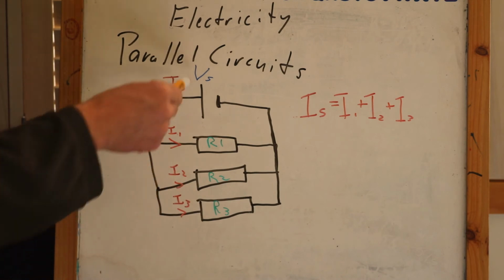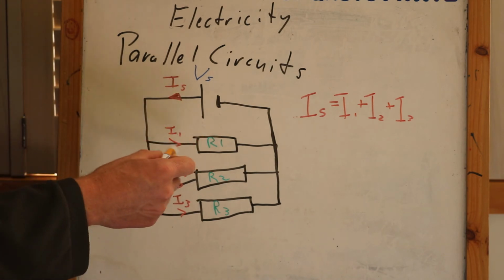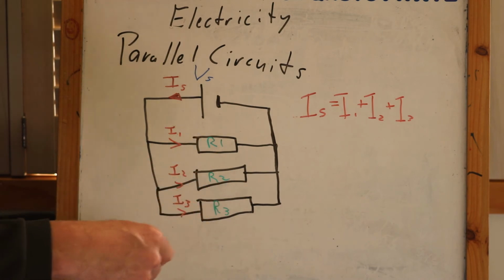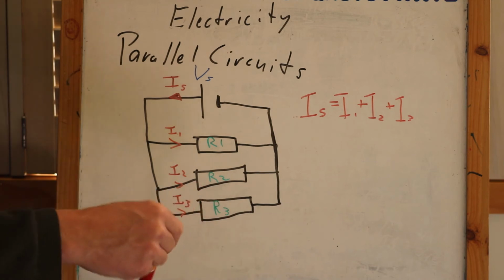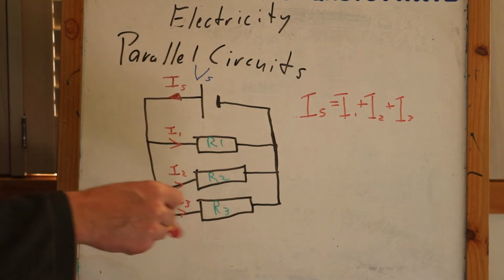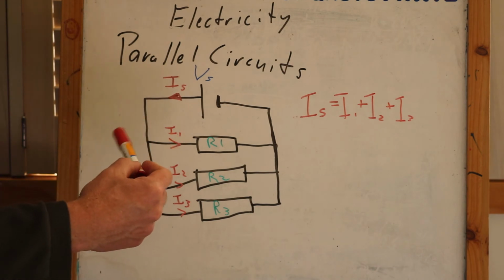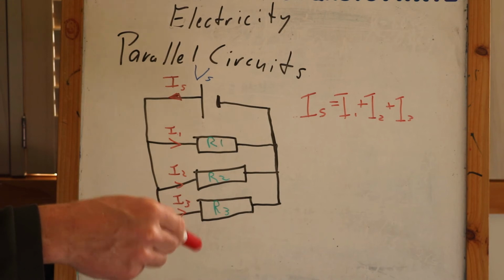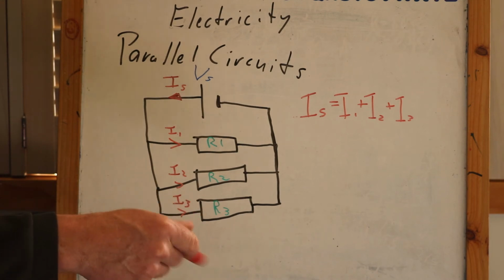Or in other words, the supply current is split up into the different pathways of this parallel circuit. If I add another resistor in parallel here, I would draw even more current from this power supply, which would mean if it's a battery, I would drain the battery faster.